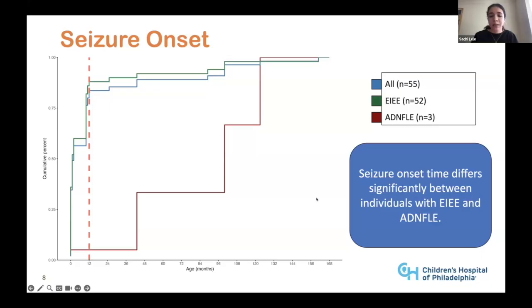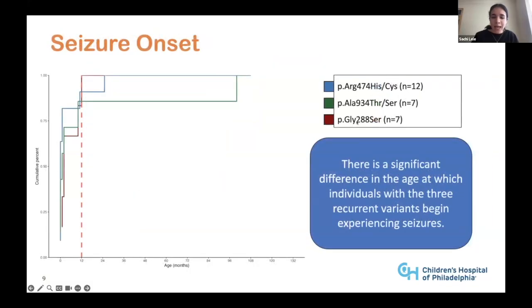And seizure onset time did differ significantly between individuals with EIE and AD and FLE. We then looked at individuals with their respective recurrent variants and their seizure onset, which did differ significantly between all 3. And the red dashed line shows that all individuals with the recurrent variant 288 began experiencing seizures by 1 year of age.